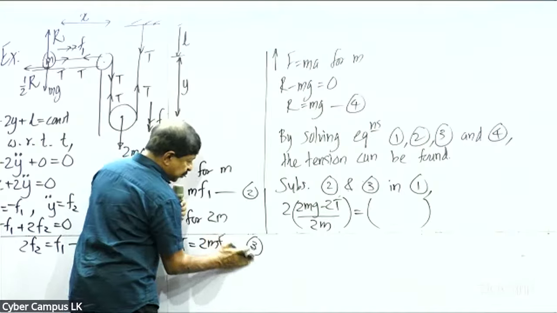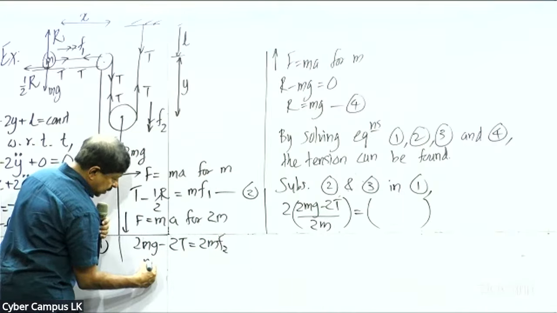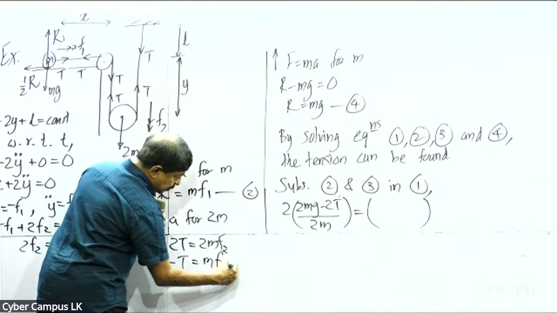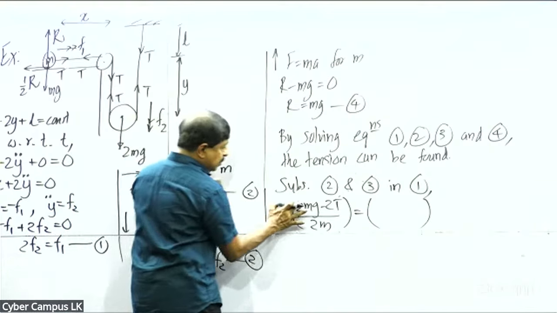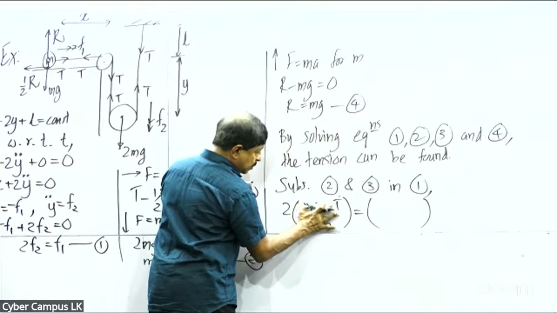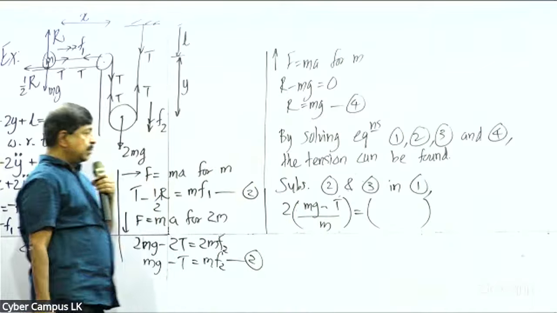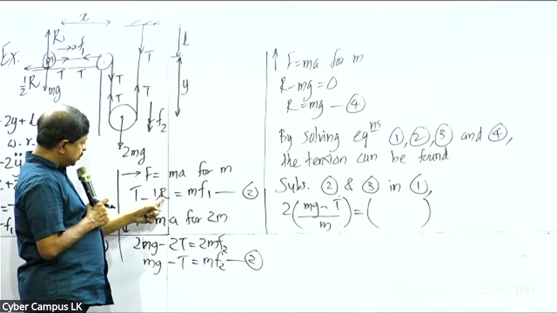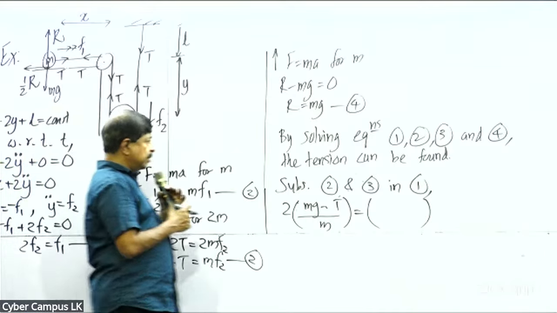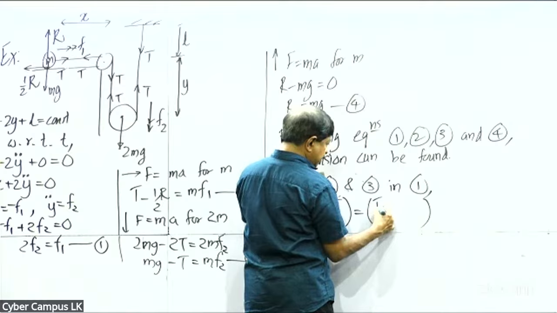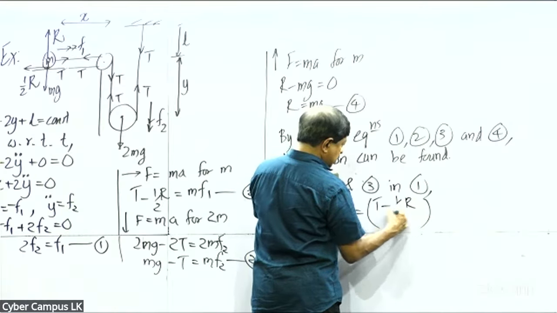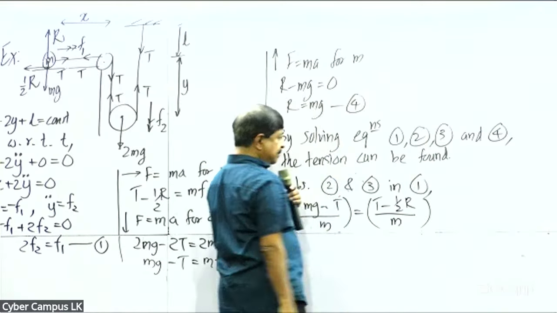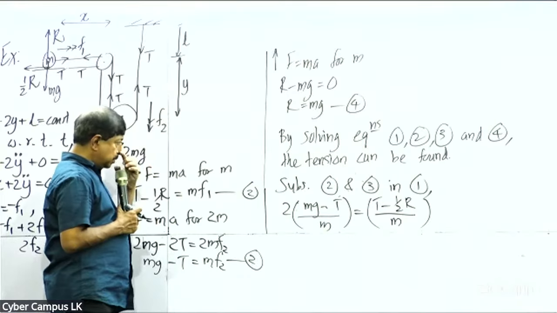Otherwise, it looks funny. mg minus T is mF2. Now, F1 is T minus half R divided by m. Right? So that's what we have.